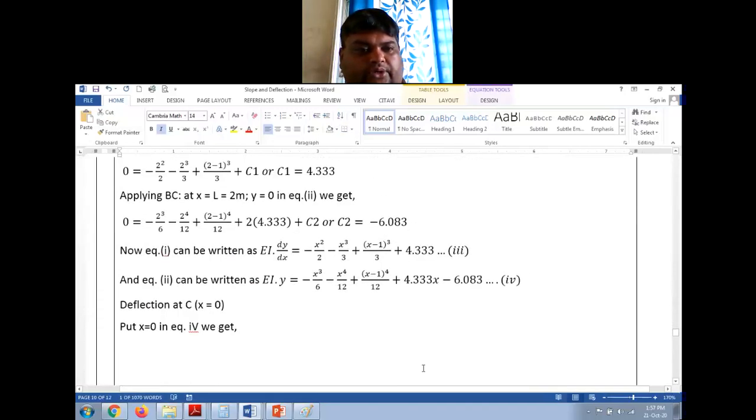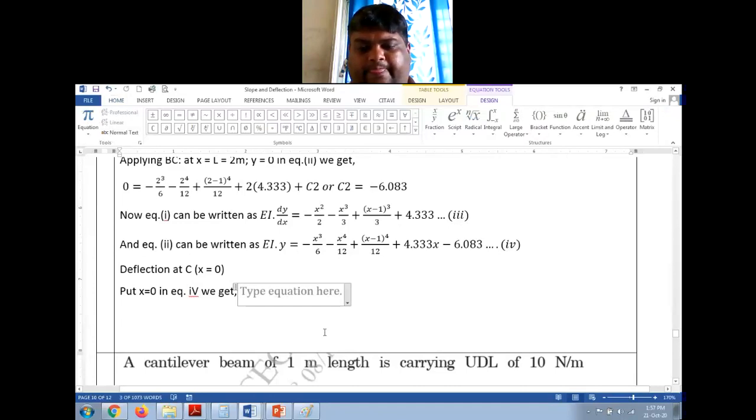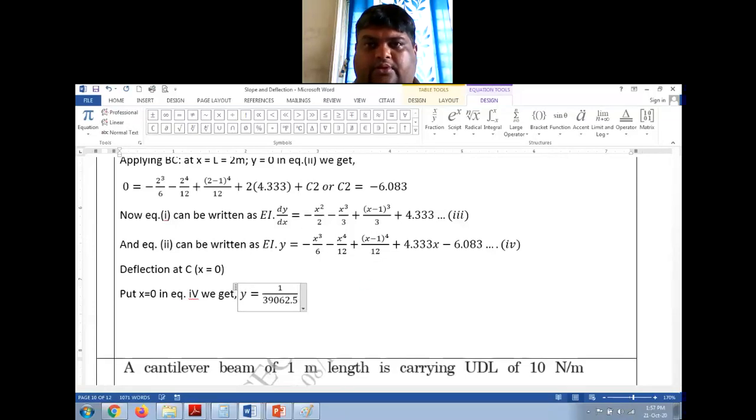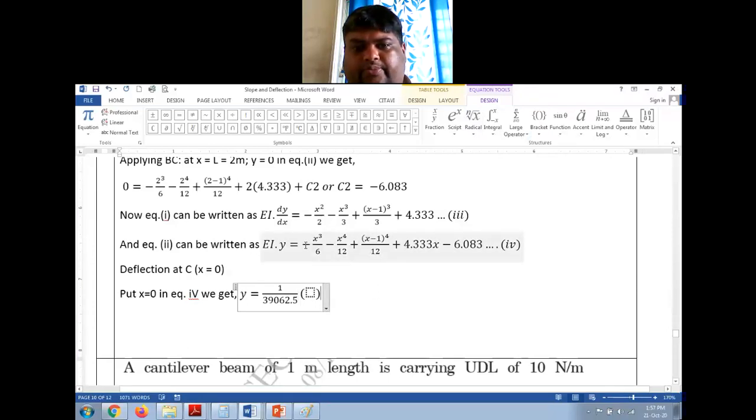So let us go here. We get Y is equal to, this EI will come as division on the other side, so it is 1 by this value, and use a bracket, and I'll copy this entire expression.